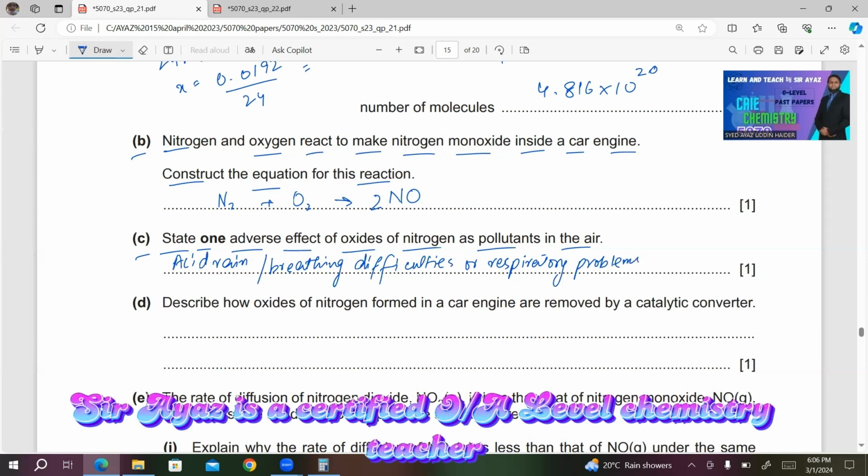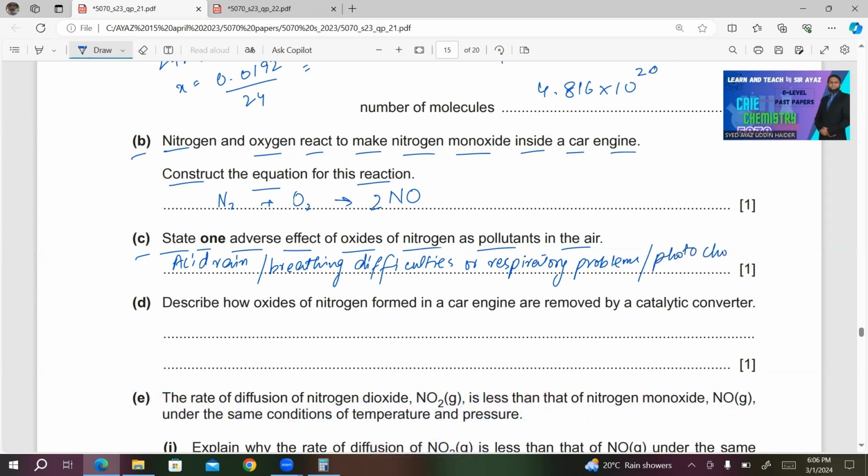Or you can even write photochemical smog. Photochemical smog is a mixture of pollutants, found when nitrogen oxides react with sunlight.